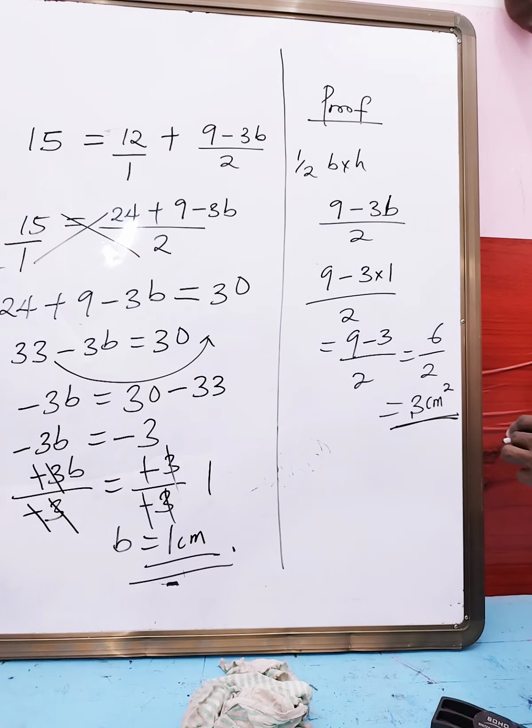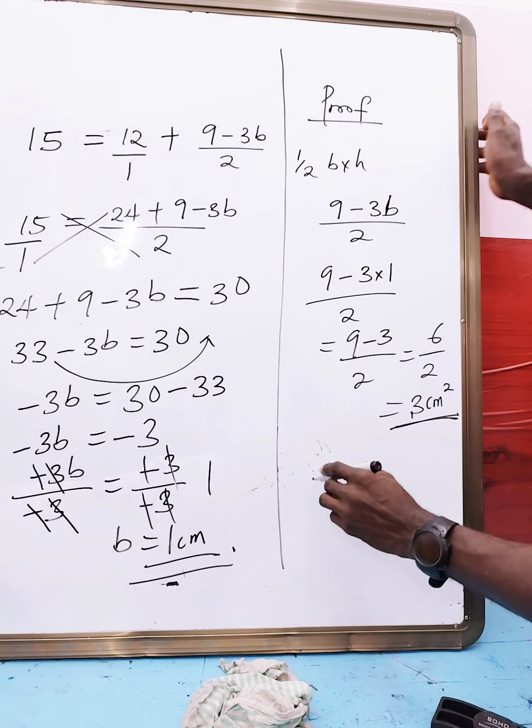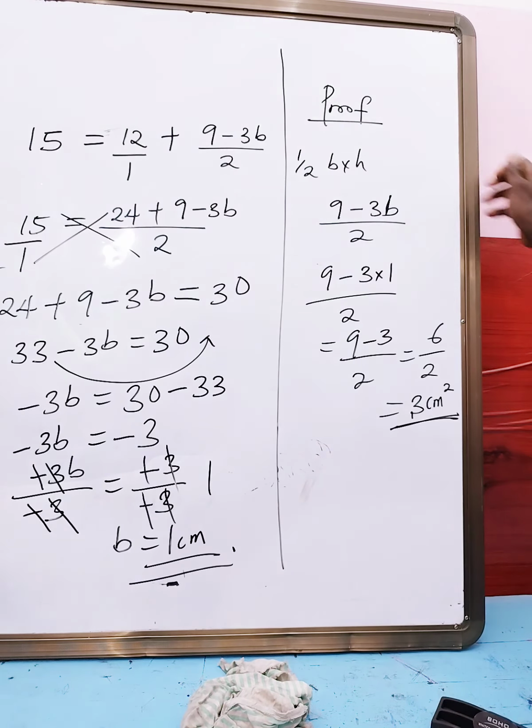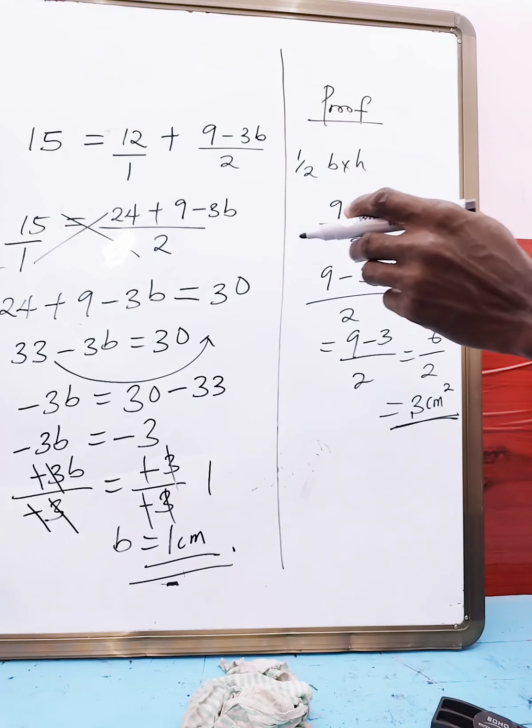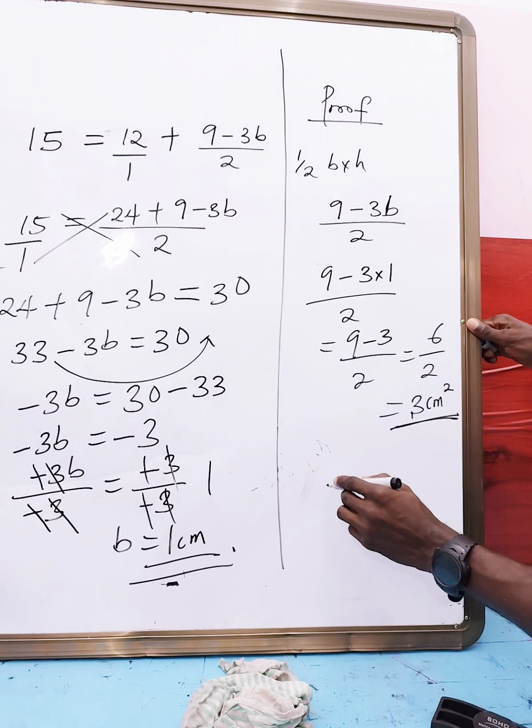So if we put the value of b as 1 into the result we got from the area of the triangle, we get 3 centimeters squared. Remember that the area of the rectangle was 12 centimeters squared.